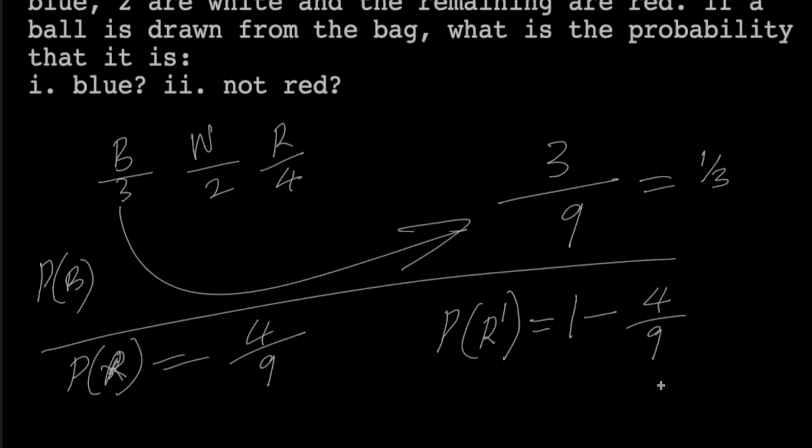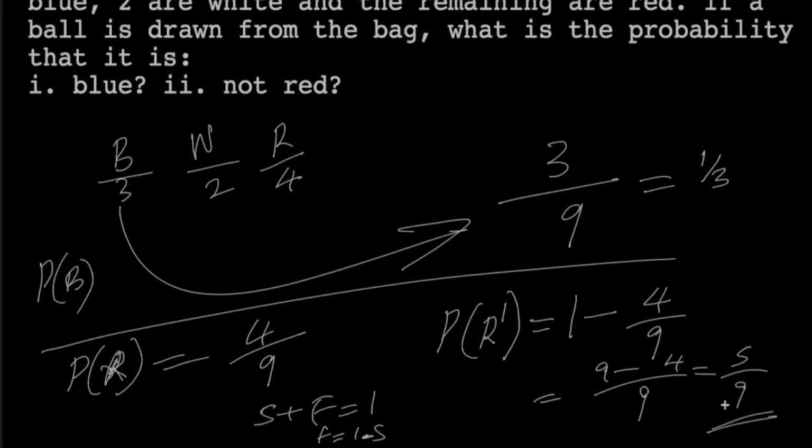Remember I said success plus failure is equal to 1. Now this is success. To get failure, you say 1 minus success. We are removing from 1. So 9 minus 4 equals 5 over 9. Okay? So this is the probability that it's not going to be red. Hope this is understood. Thank you for viewing.